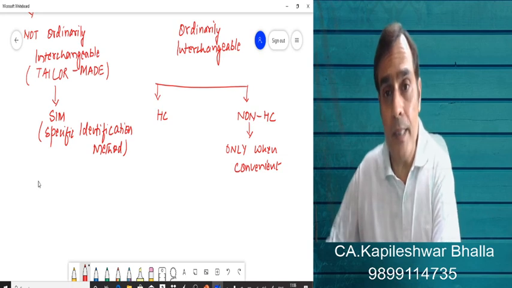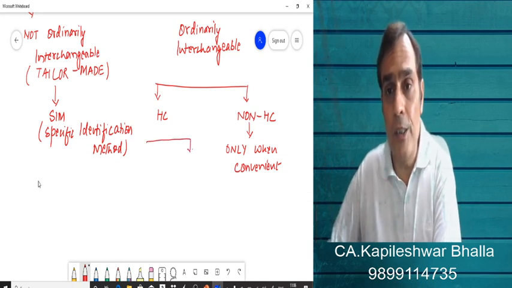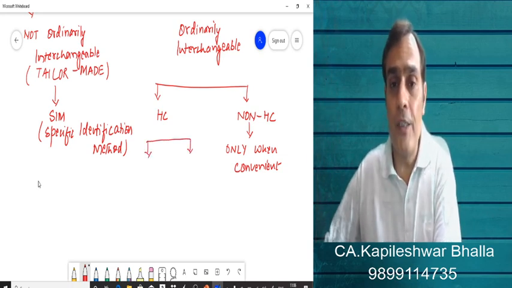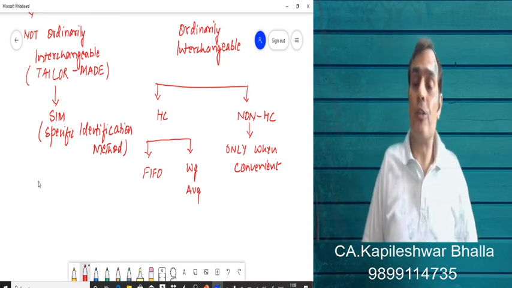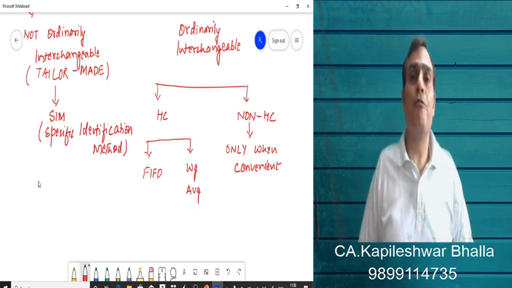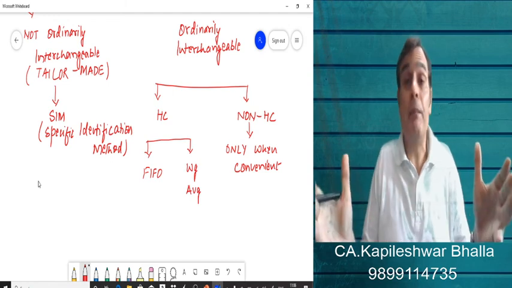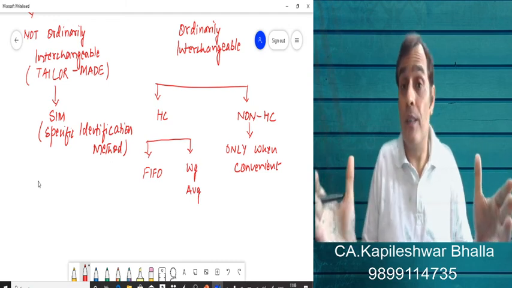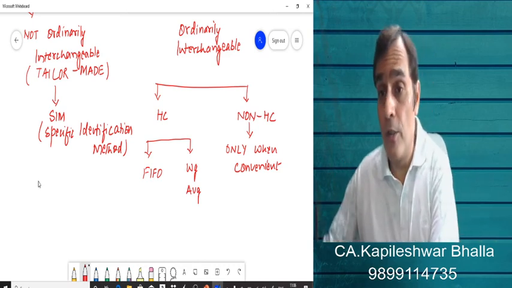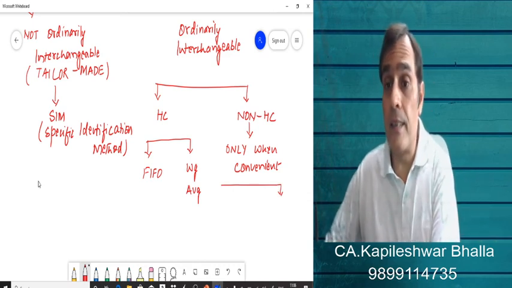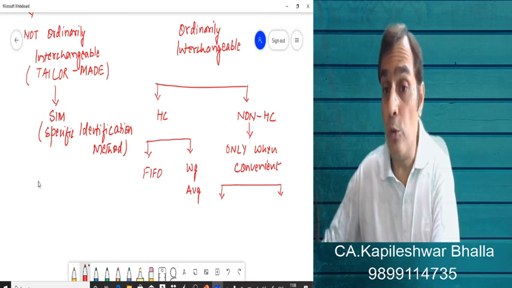Now, when you apply a historical cost method, the cost formulas which we use are called first in, first out, and we also use what we call a weighted average method. So the technique of using first in, first out and weighted average is the application of the historical cost method itself.